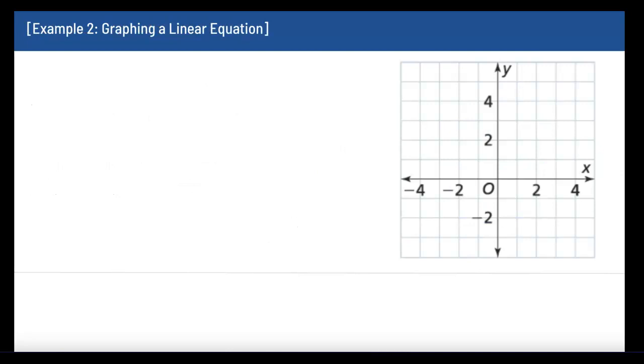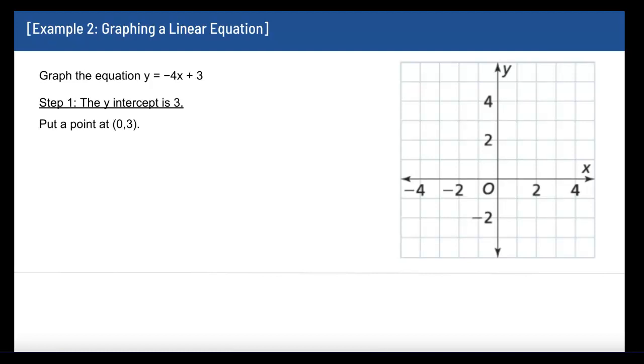Our second example is going to deal with graphing a linear equation. So if we are given to graph y equals -4x plus 3. Step 1, the y-intercept. The y-intercept is 3. So we will put a point at 0, 3.